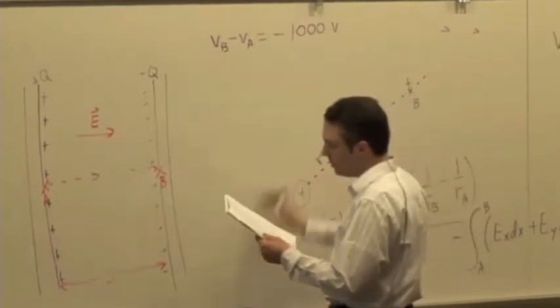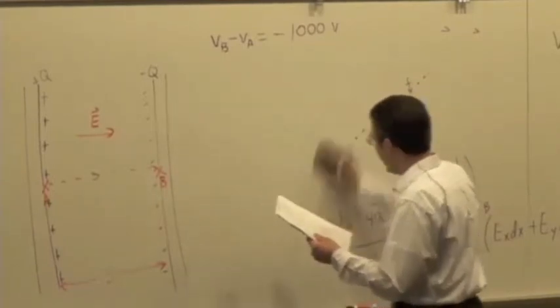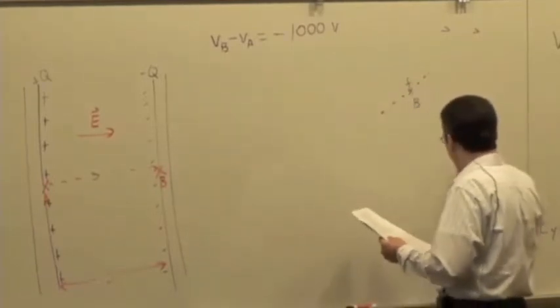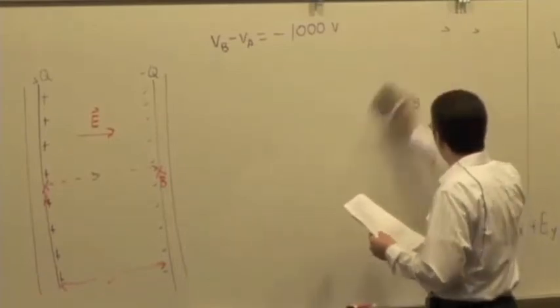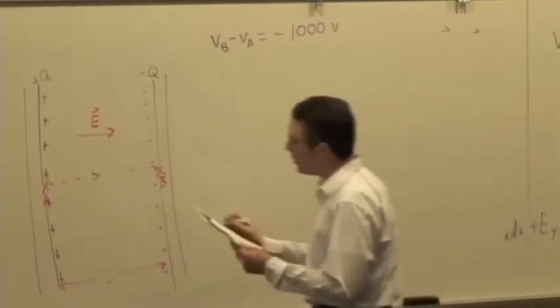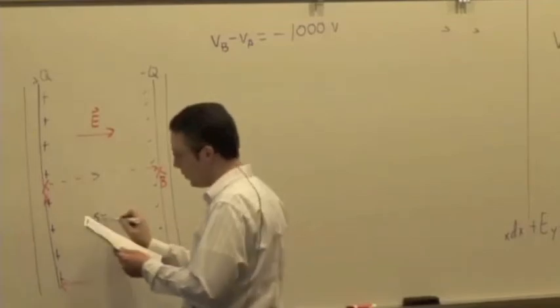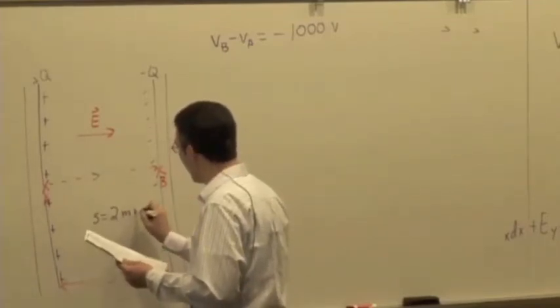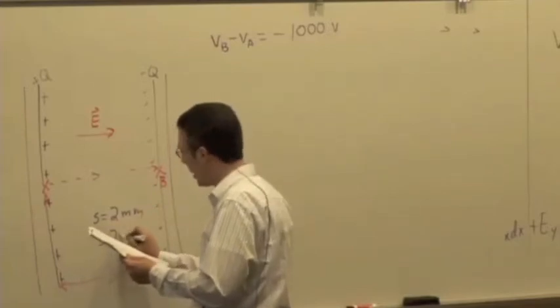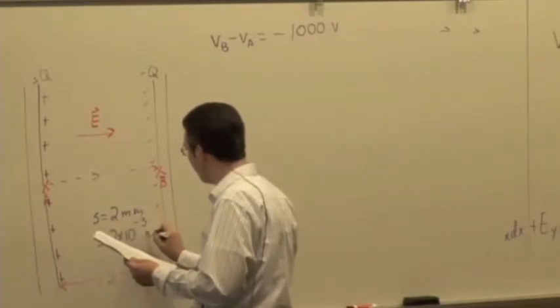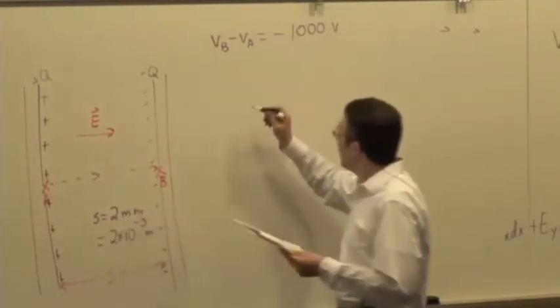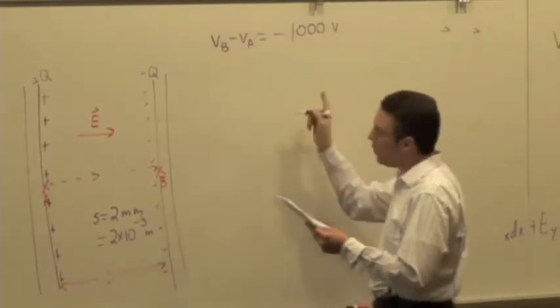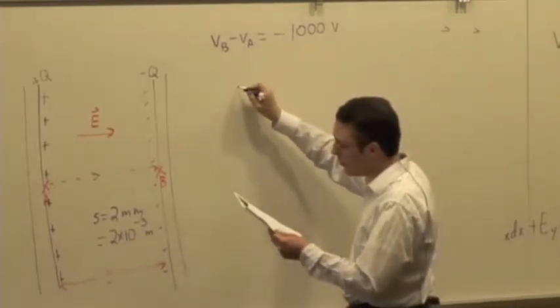Let's say I also know the distance between the plates. We'll say that s is equal to 2 millimeters, or 2 times 10 to the minus 3 meters. So if I know the distance s and I know the potential difference, I can find the electric field.